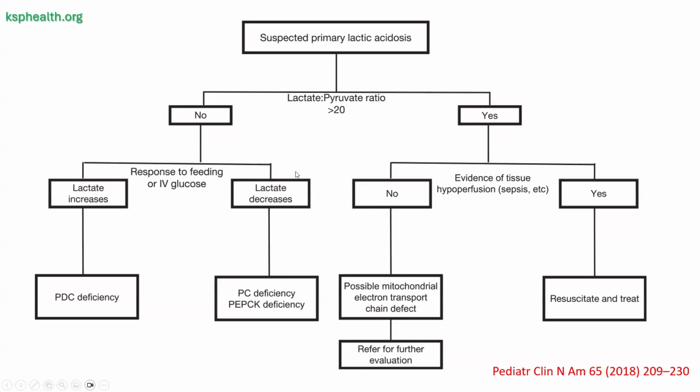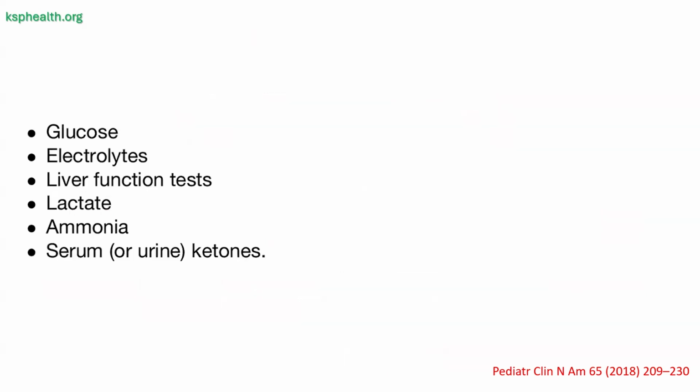On the other hand, when the lactate decreases, there are two possibilities: pyruvate carboxylase deficiency or phosphoenolpyruvate carboxykinase deficiency. This is how you evaluate lactic acidosis in newborns and infants.